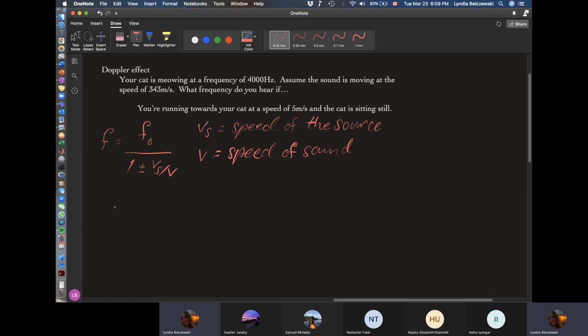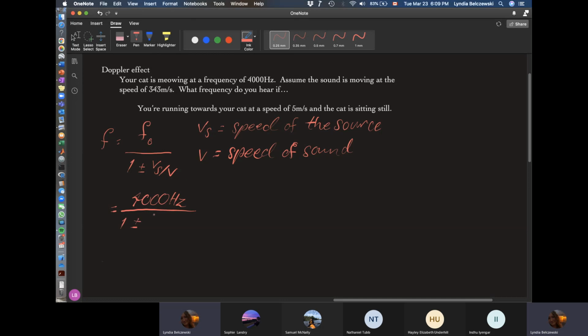So what we have is that the actual frequency, or the frequency that you would observe if you weren't running towards your cat, is 4,000 hertz. And we're going to divide that by 1 plus or minus. We still haven't figured that out yet.